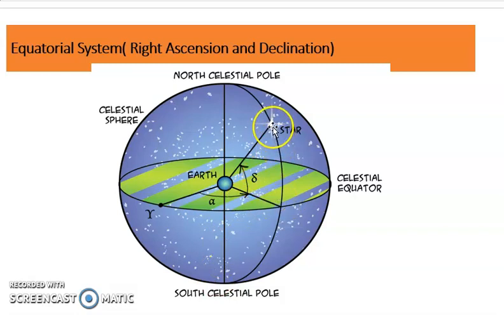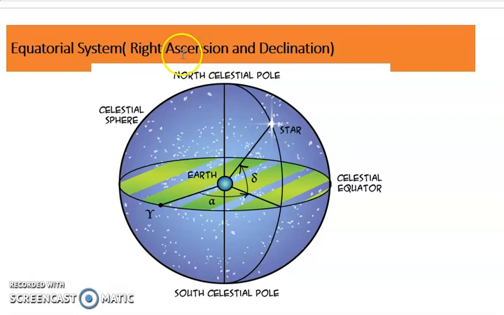This is the star, and we are drawing a great circle as in the previous case from the north pole through the star to the celestial equator, and the angle measured from the foot of the great circle at the celestial equator to the star is called declination.